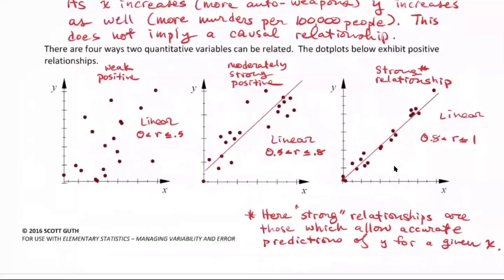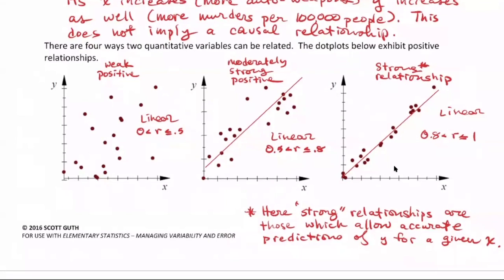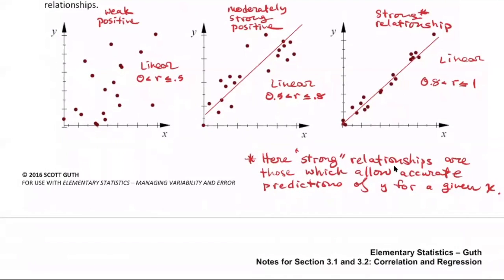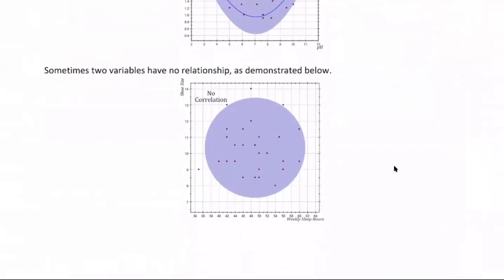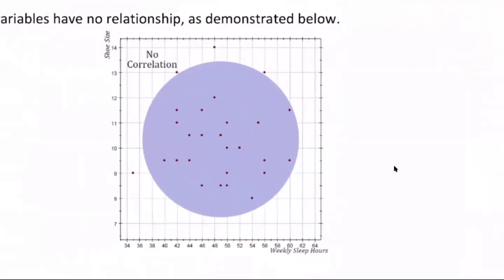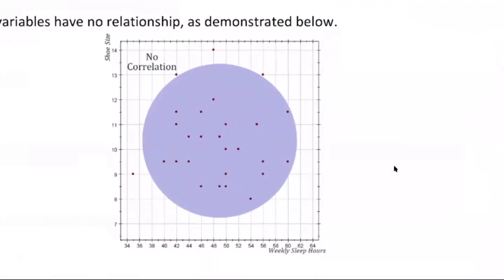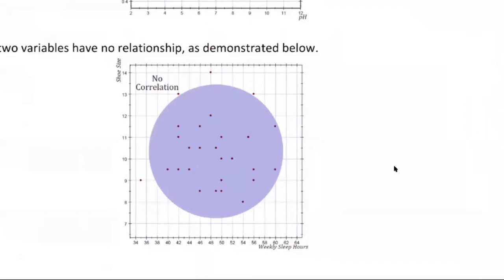So I wanted to jump down. I'll give you a second on this. And then with the no relationship picture, that was the shoe size versus sleep hours per week for a given person.